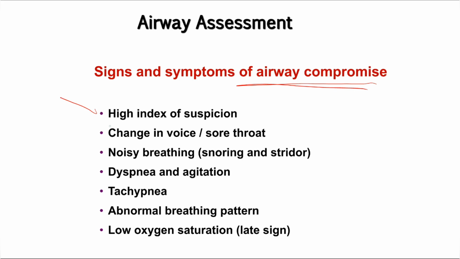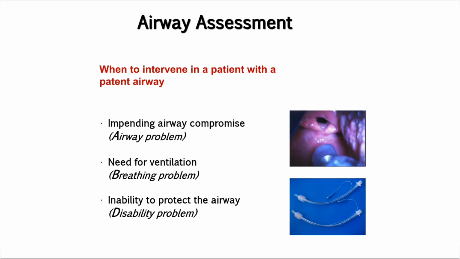For example, a patient has a burn to the face, also lip swelling, changes in the voice or sore throat, noisy breath like snoring or stridor, shortness of breath, agitation because of hypoxia, tachypnea, abnormal breathing pattern, and also low oxygen saturation, which is a late sign. So this will tell you that my patient is not good.